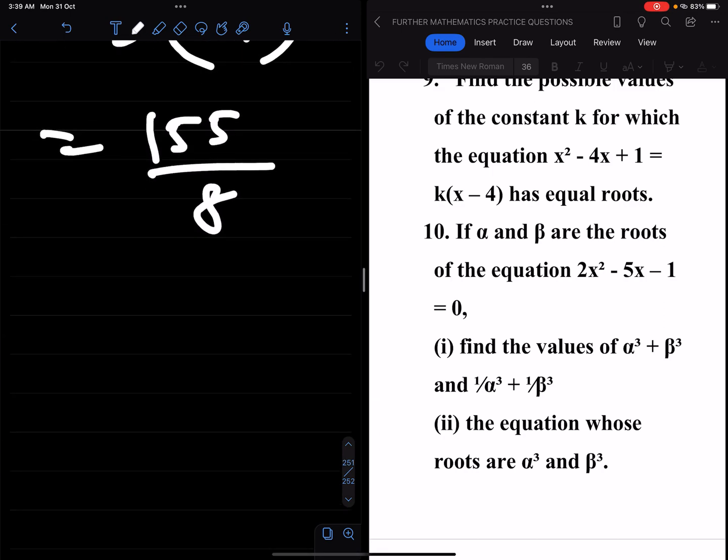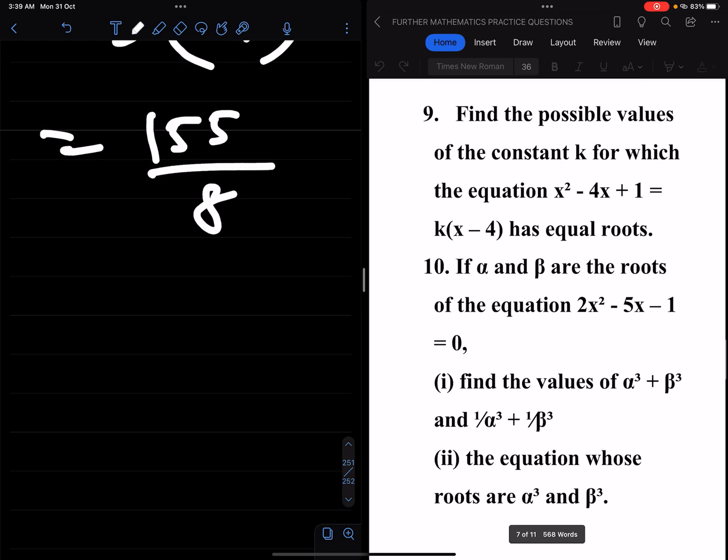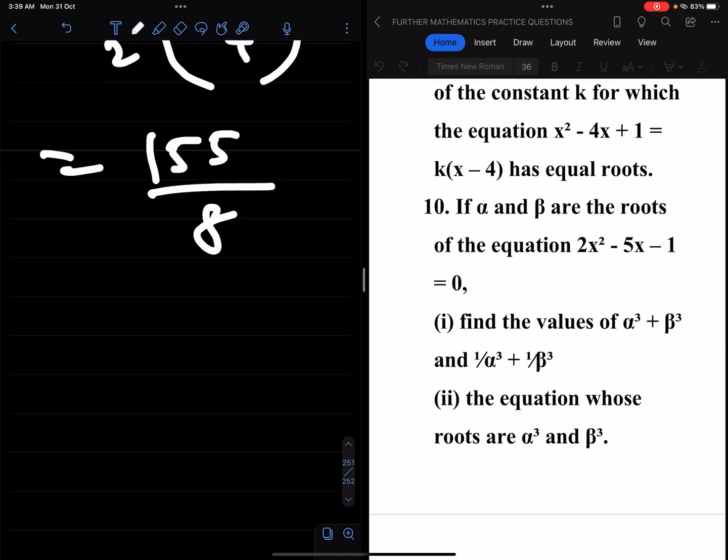And we go straight to the next, which is Roman figure 2. Okay, they actually ask us to find the value of 1 over alpha cubed plus 1 over beta cubed.